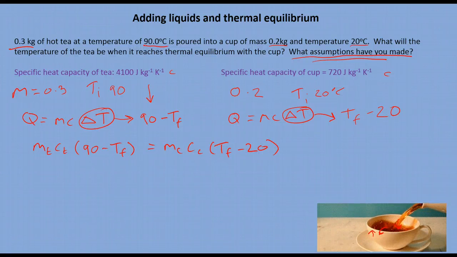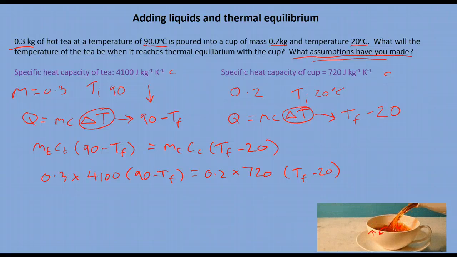So I can plug my numbers into that. I get 0.3 times 4100 times 90 minus TF is equal to 0.2 times 720 times brackets TF minus 20.